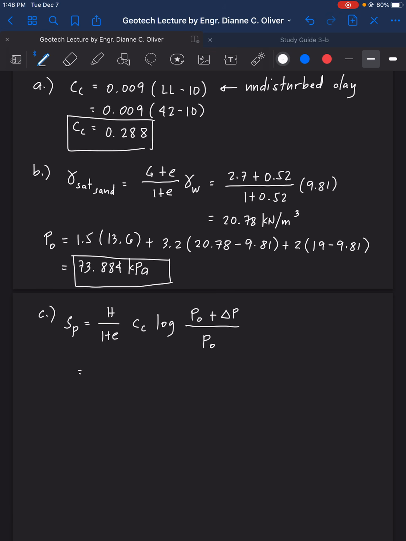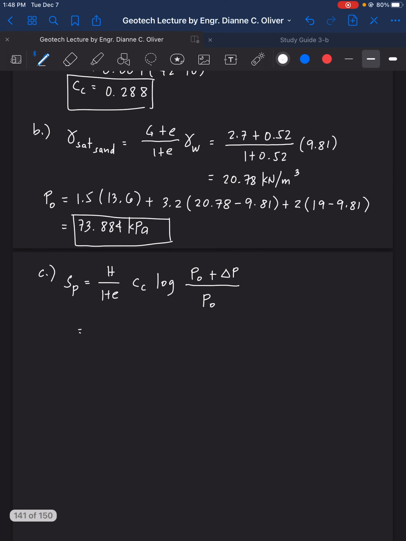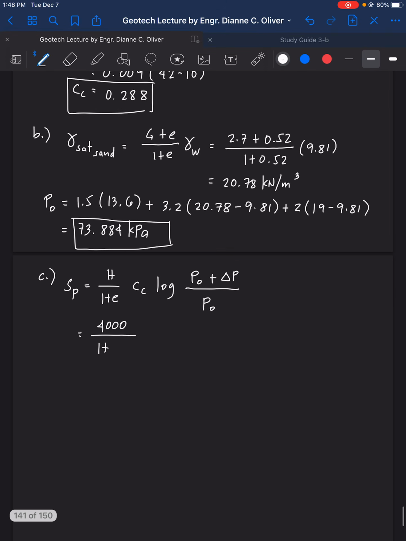And we have the height of the clay layer, that is 4 meters. Let's use millimeters. So 4,000 millimeters over 1 plus the E of the clay layer, 0.6.